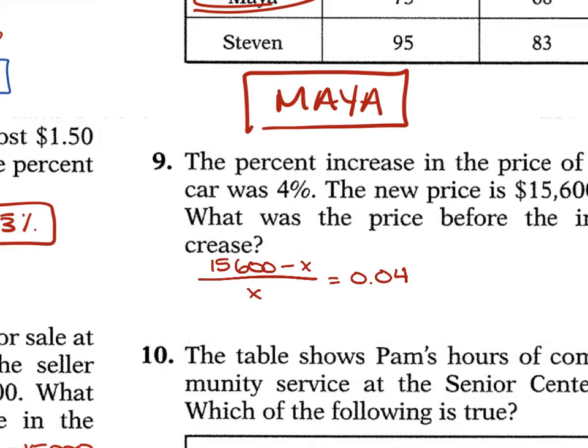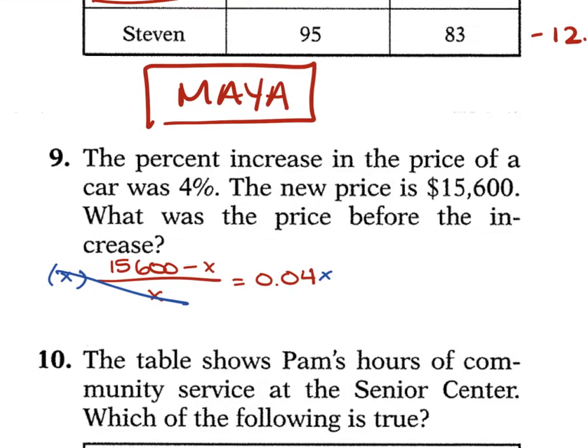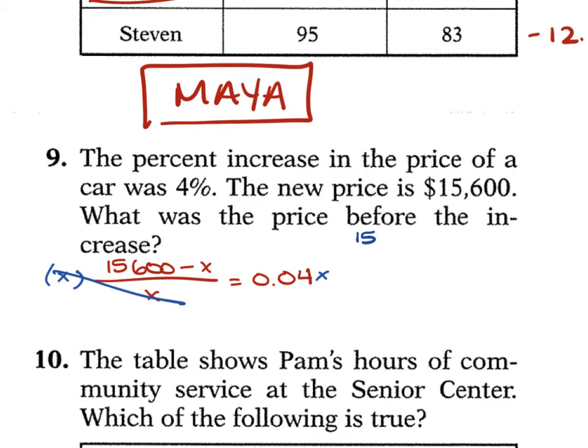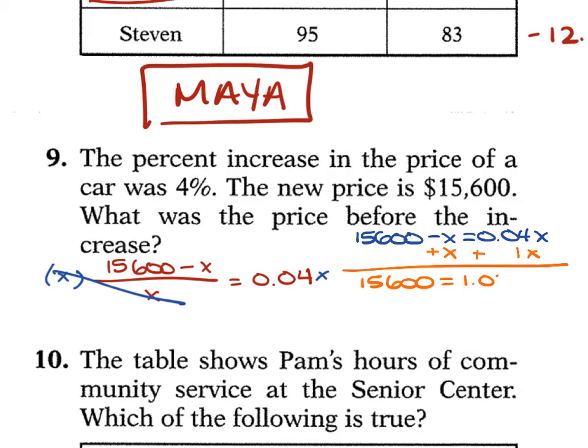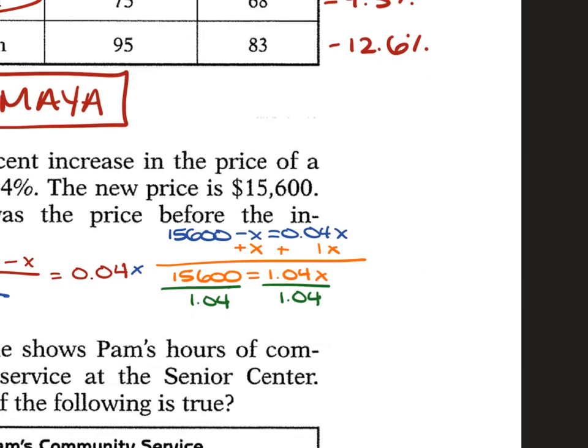So if we multiply each side here by the X, we have 15,600 minus X is equal to 0.04X. We're going to add the X to both sides. This is going to give us 15,600 is equal to 1.04X. We then divide each side by the 1.04. And X is going to be 15,000.